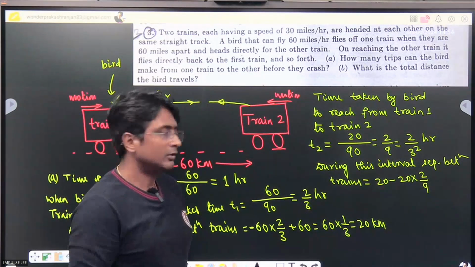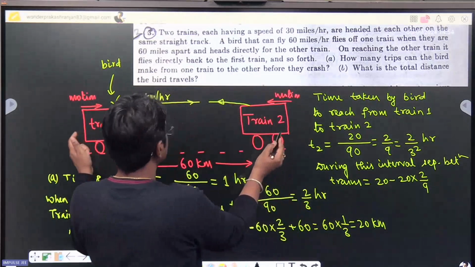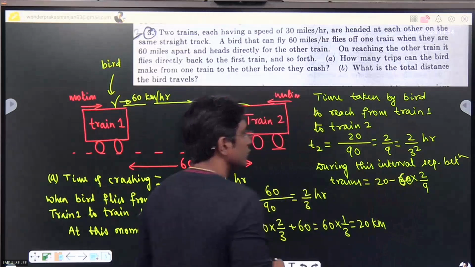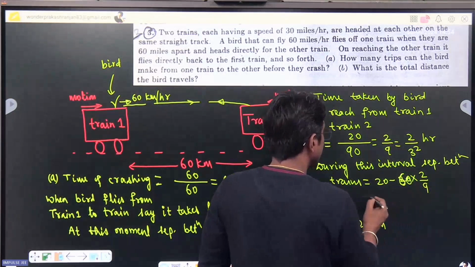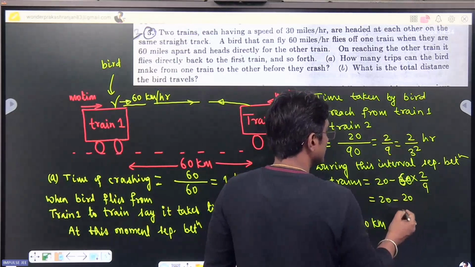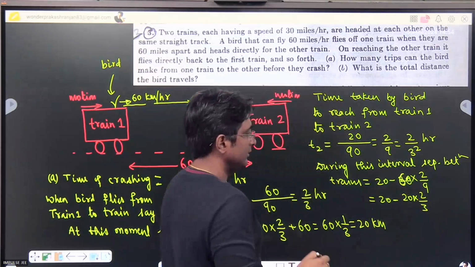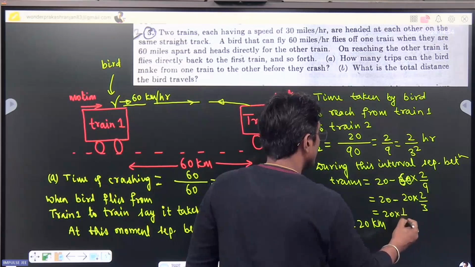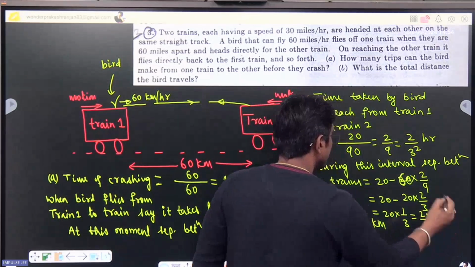Sorry, not 20, that is 60. Their relative speed is coming 60. So this is 60 by 2 by 9. So this can be written as 20 minus 20 by 2 by 3. If you take 20 as common, then this is coming 1 by 3, which means this is coming 20 by 3 kilometer.